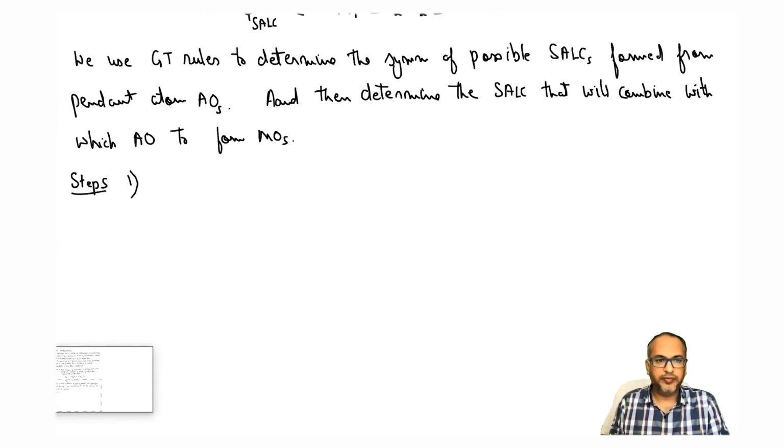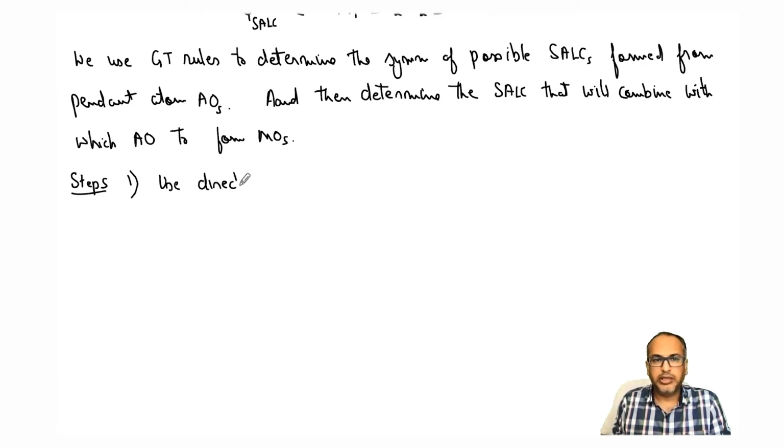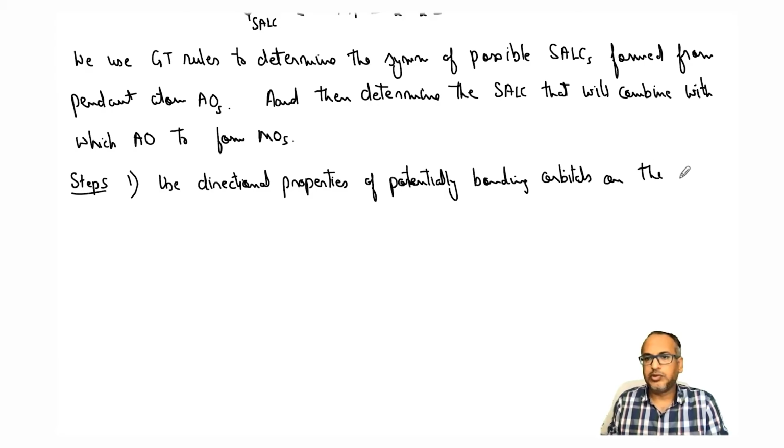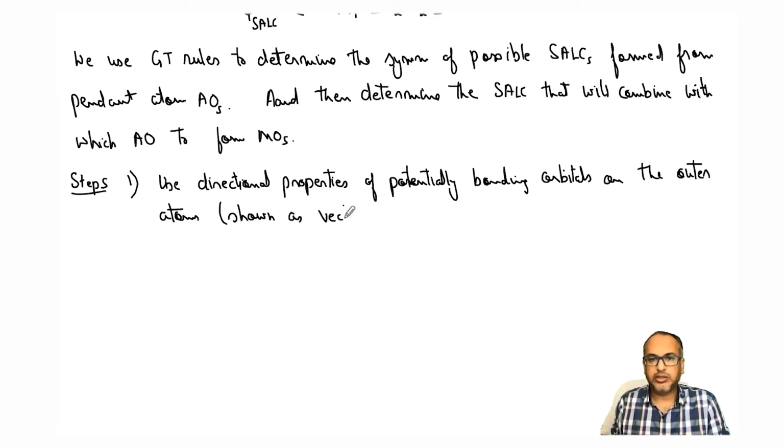So let's see. First, use directional properties of potentially bonding orbitals on the outer atoms or pendant atoms. In some books you will see it is written as outer atoms, in some books it will be pendant atoms. This will be shown as vectors.